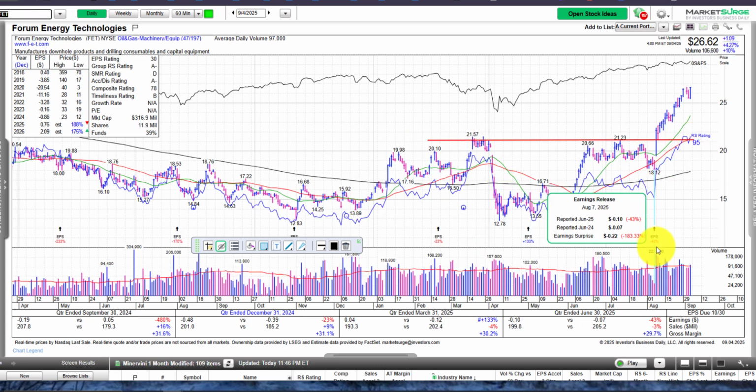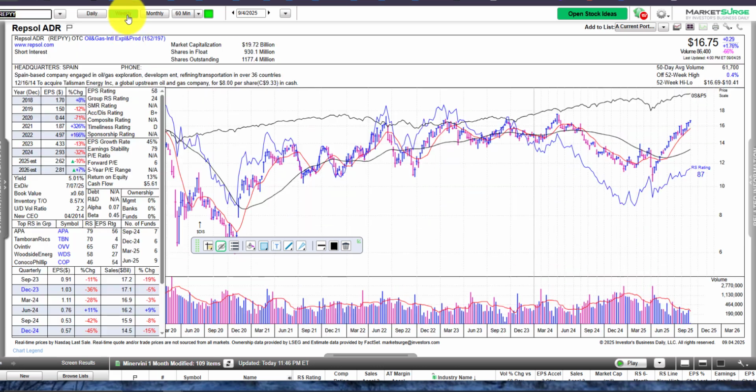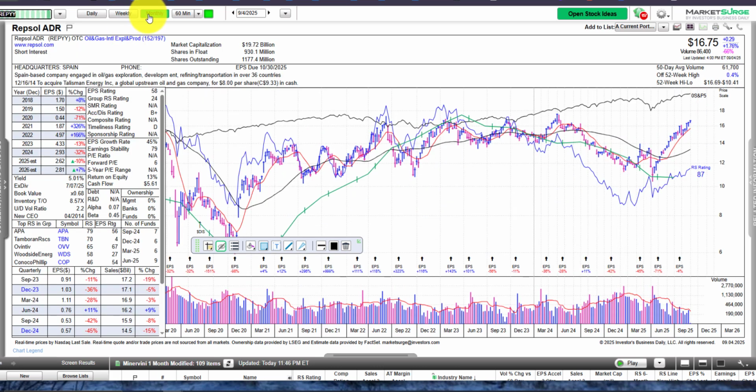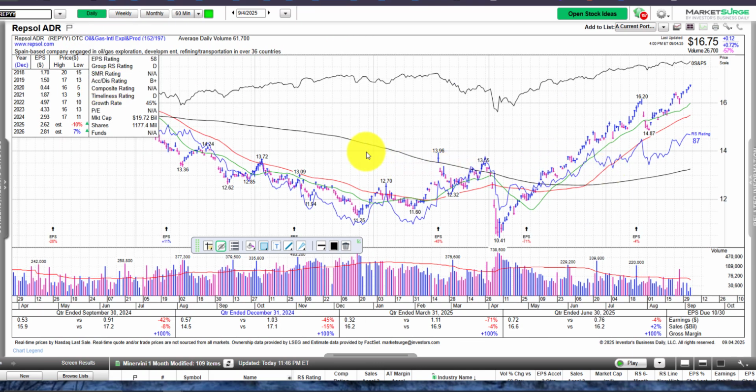That one has really run here on earnings. Look at that. Post-earnings drift. That needs some check back for sure. REPYY. Very thin. I thought I screened out stocks under 200,000 average volume. Let me look at my settings. Maybe I didn't block that after all. But yeah, it's just extended, right?